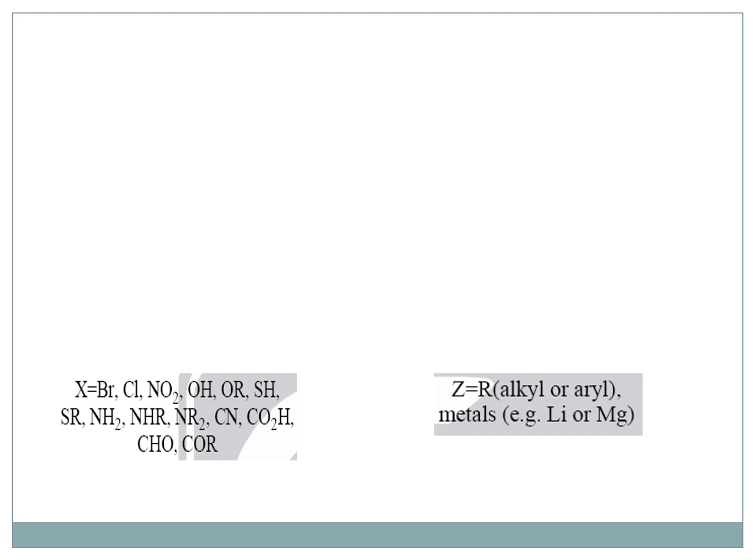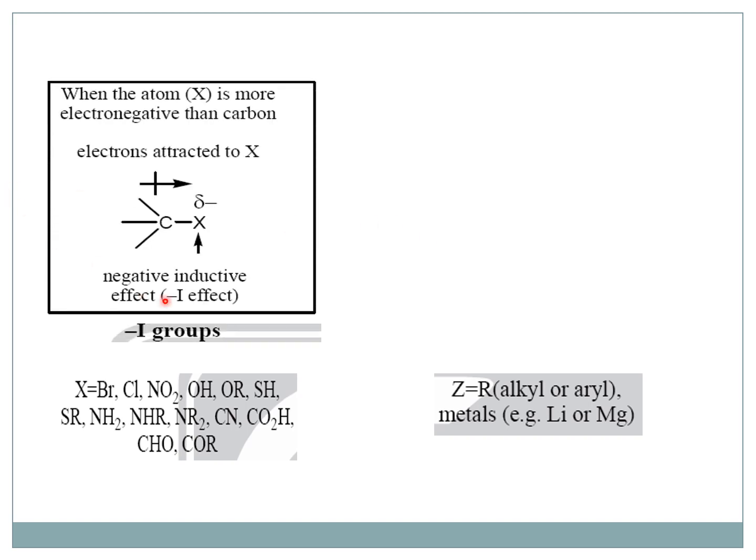Depending on the groups, there are two types of inductive effect. One is the minus I effect. When the atom attached to the carbon atom is more electronegative than the carbon atom, the more electronegative atom takes away the sigma electrons more towards itself.